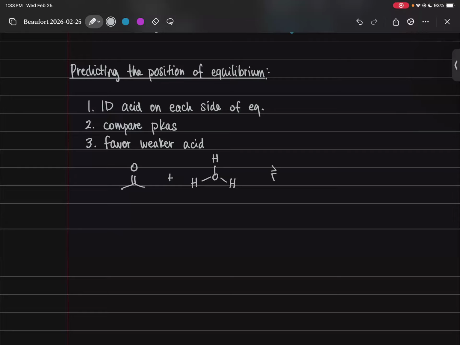In between here, I'm going to draw these tiny little equilibrium arrows because I'm going to expand one that ends up being the correct answer. So that's why it looks weird like that.